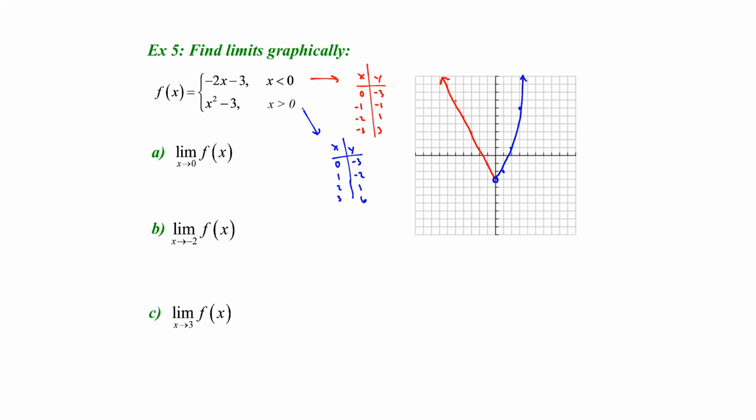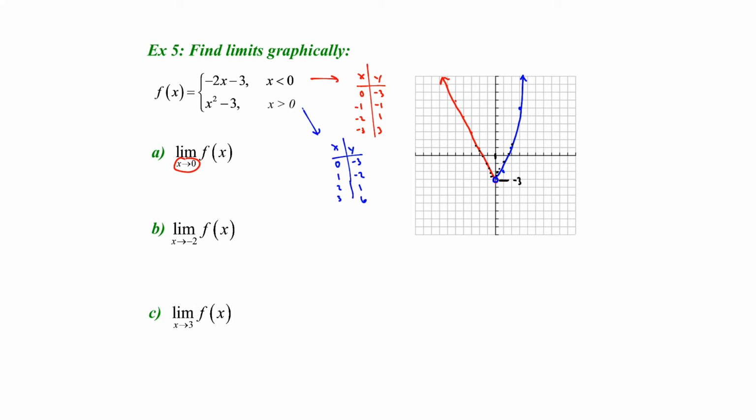And so now let's go ahead and answer the questions from below in terms of what the limit of each of these is. So the limit of f of x as x approaches 0. Okay? So from the left side, right here is at x equals 0. So as you get closer and closer to x equals 0 from the left and closer to x equals 0 from the right, what is your y value getting closer and closer to?